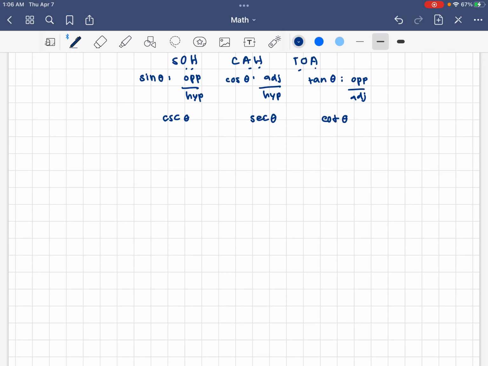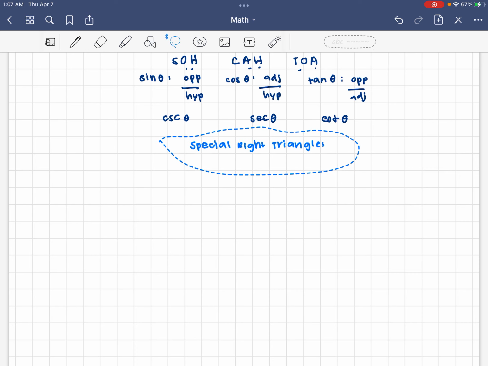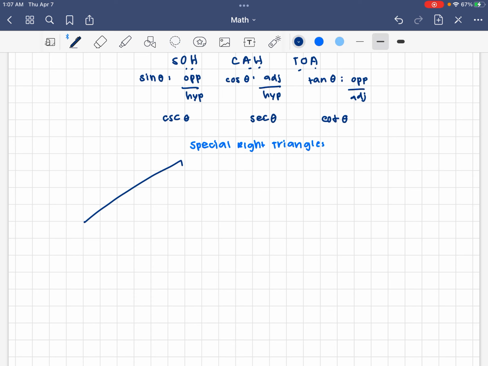So the special right triangles, there are two. It's the 30, 60, 90, and then 45, 45, 90.